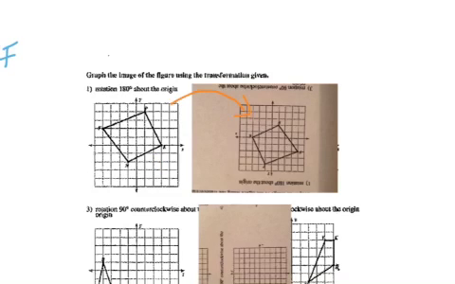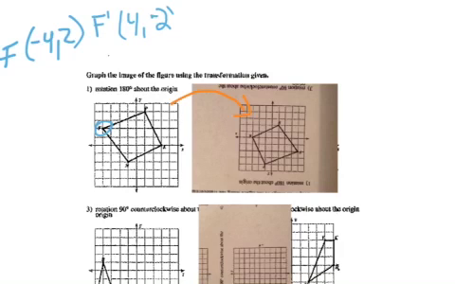I'm just going to do a couple of these. Let's take a look at F, which is right here. Its ordered pair is 1, 2, 3, 4, up 2, so its ordered pair is negative 4, comma 2. So its f prime would be then the opposite of that, which would be 4, comma negative 2.